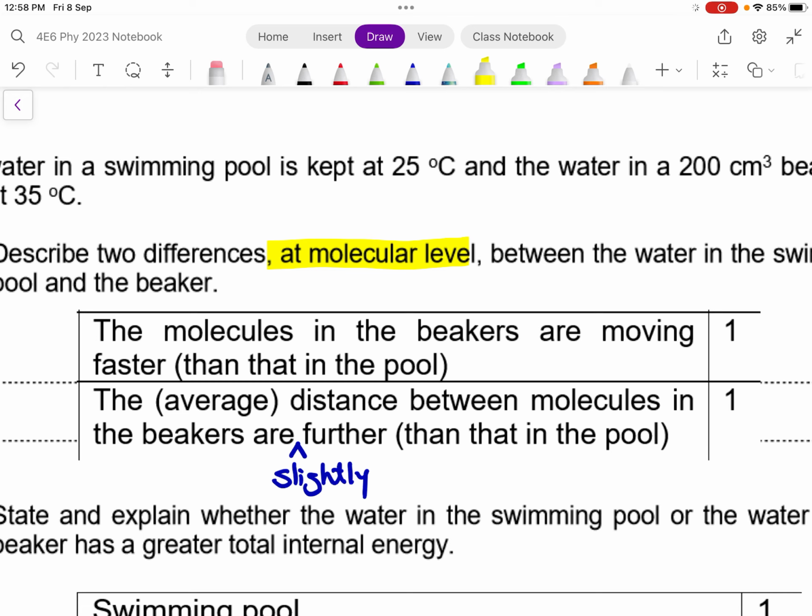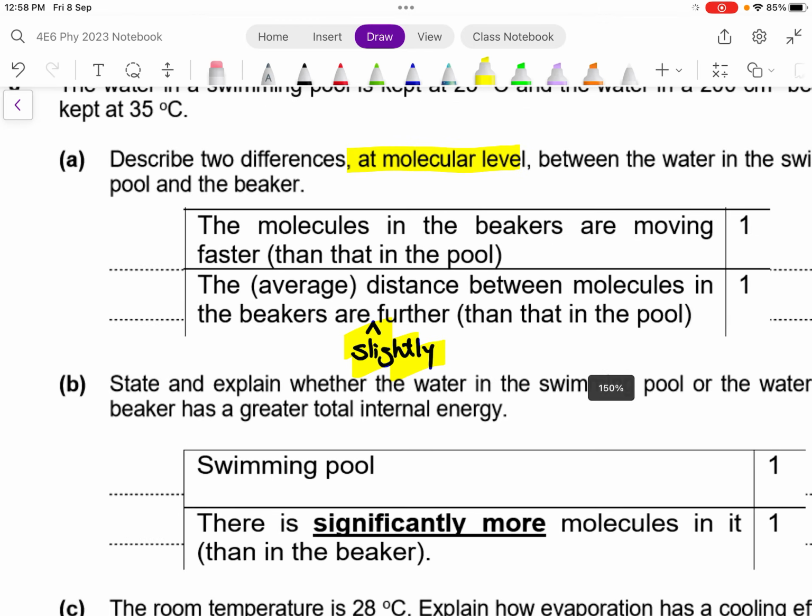So initially we felt that the word slightly is important, but later during benchmarking we decided to make it more relaxed. So remember, although there's a small difference in separation distance when temperature is higher, if they are in the same state, that difference is very, very little.